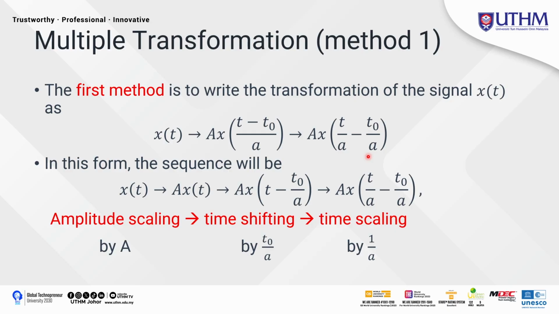So in this sequence, you start with the amplitude scaling by a, so you have a x(t). Then you do the time shifting, which is t naught over a. Then time scaling: t over a, this part is 1 over a, so time scaling by 1 over a.